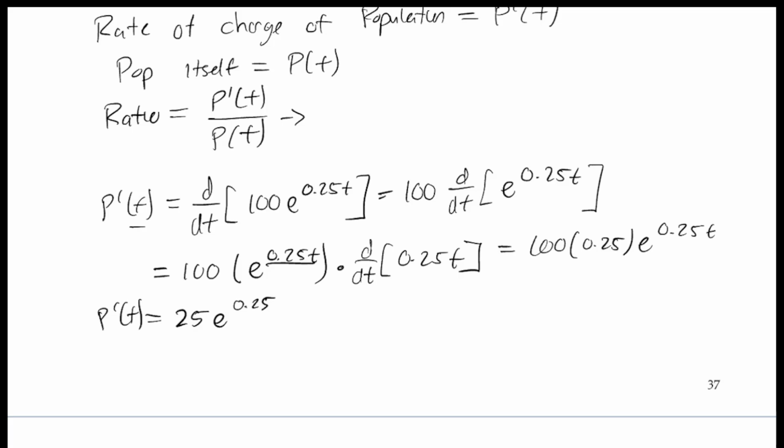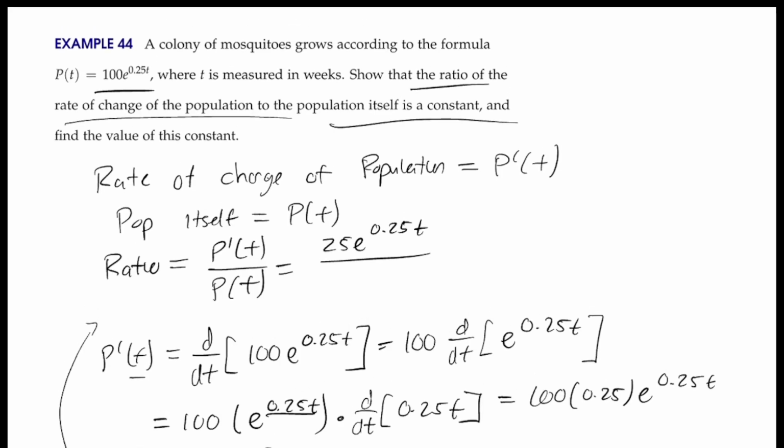And so bringing it back to our ratio, it's going to be equal to 25 e to the 0.25t all over the original function, which is 100 e to the 0.25t. Naturally, you have exponentials on the top and bottom that are identical. They're going to reduce. And so the ratio is really just 25 to 100, that is a quarter to a dollar, or in other words, 1/4.